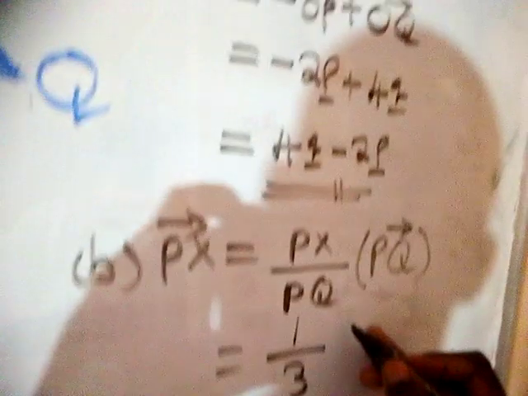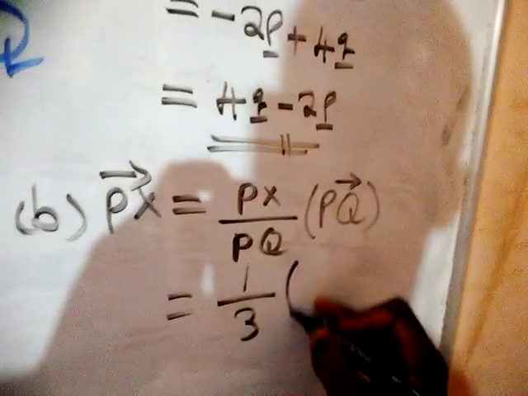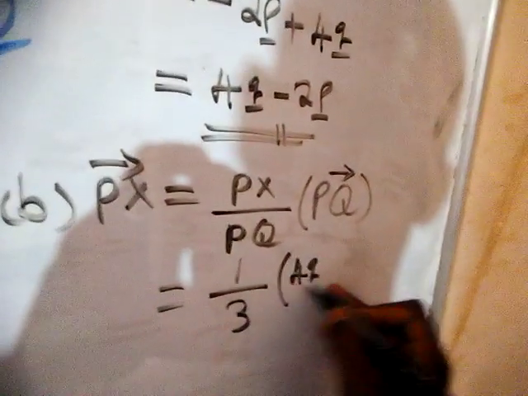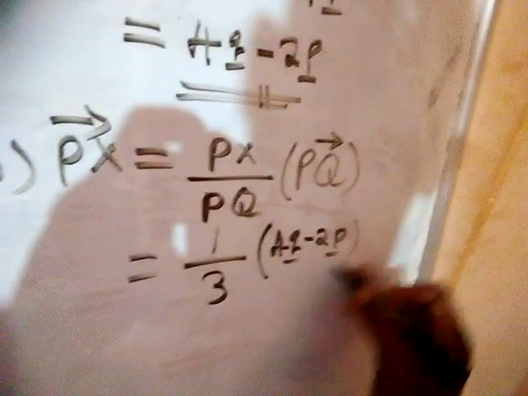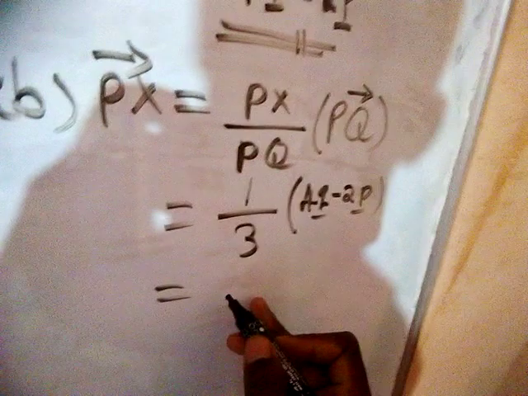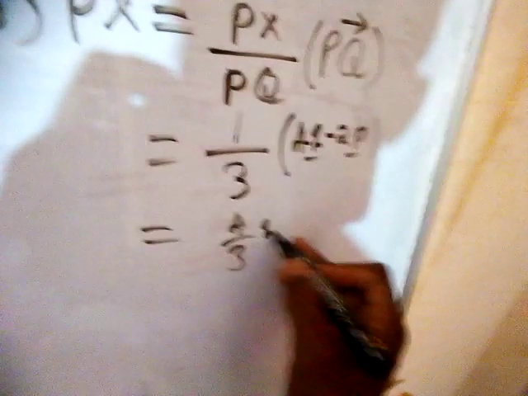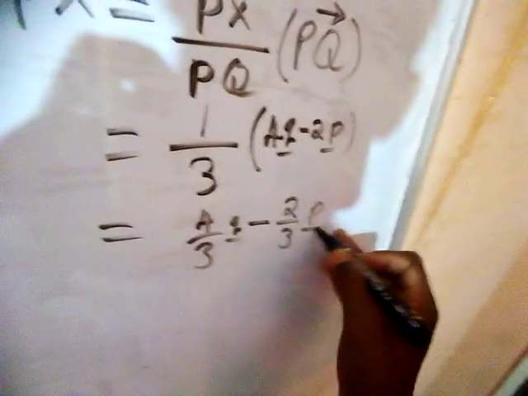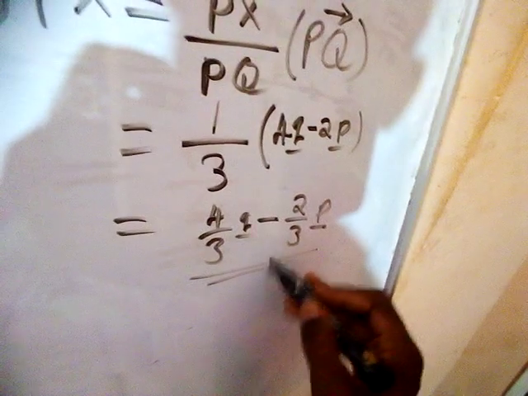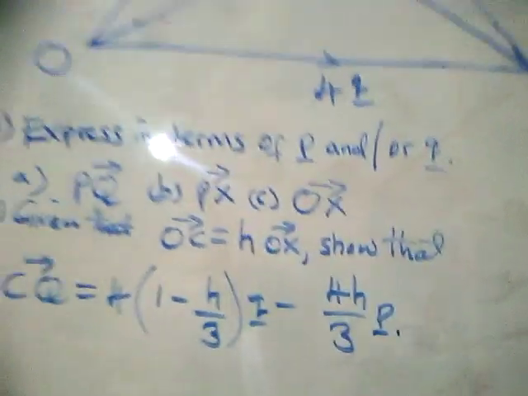Vector PQ is what we've just found. So we plug in here 4 vector Q minus 2 vector P. We close the bracket and simplify. When we simplify, we have 4/3 vector Q minus 2/3 vector P. And this is our solution. Simple, right? Let's move on to the third question.